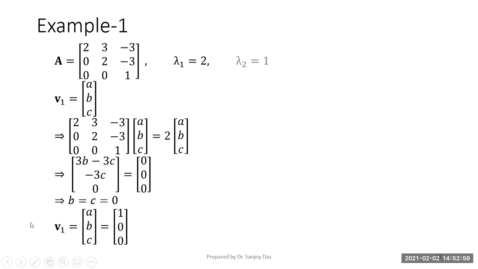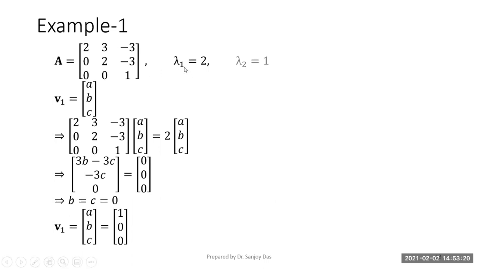So v1, plugging in 0 values for b and c, and we pick a equals 1 so that v1 is a unit vector. So v1 is 1, 0, 0.